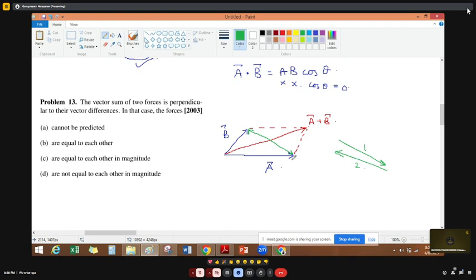Well, if it is going from A to B, it will be actually final minus initial, so it will be B minus A. So the easy way I remember is it is final minus initial. That means I would say it's not this one, it's this one. That means it is reaching here, which means A minus B. So this is A minus B.